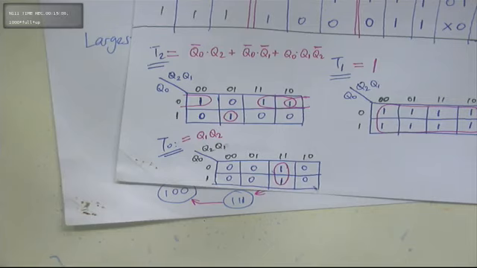If it's 3 variable, you'll need 4 by 2 Karnaugh map because there'll be 8 cells. 2 to the power of 3 equals 8. If it's 4 variables, you'll need 4 by 4, which is 2 to the power of 4 is 16, so that's 16 cells in your Karnaugh map. If it's 5 variable, you'll have a 32 cell Karnaugh map.